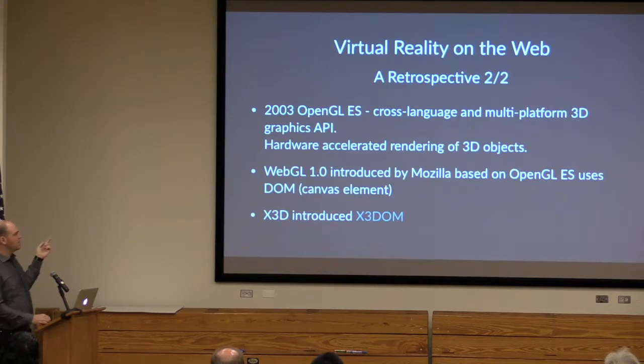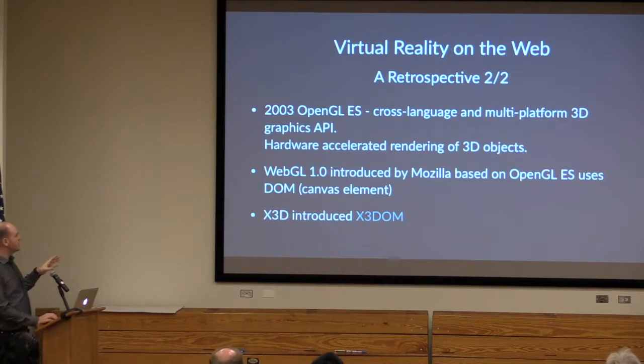That also paved the road for a standardization of WebGL, and then VRML turned into X3D, and nowadays X3DOM is still going on, so there's a link there. I'm sharing all this on my GitHub, and I'm going to give you the link so you can actually go through this presentation and click all the things and dive deeper.